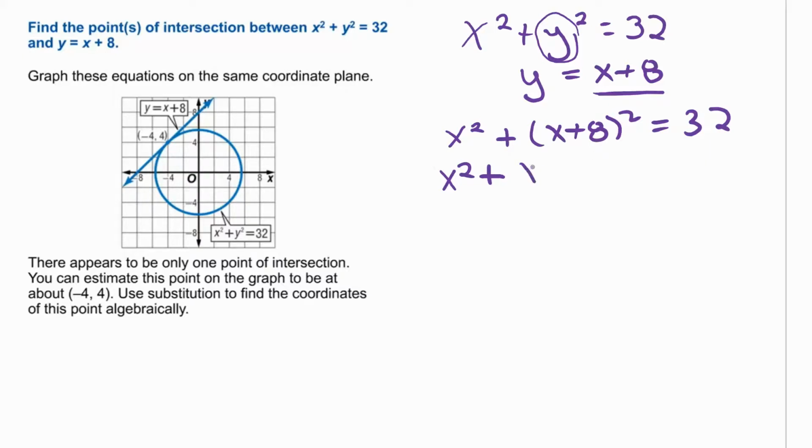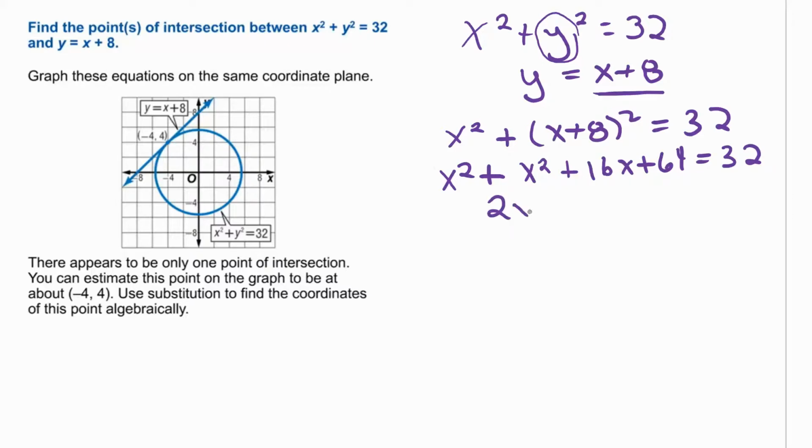Our pattern would be the first term squared, multiply these two terms together, 8x, and then double it using this sign. So 8 times x is, and then double would be 16x, and then square the last term. So I'll have x squared plus 16x plus 64 equals 32.